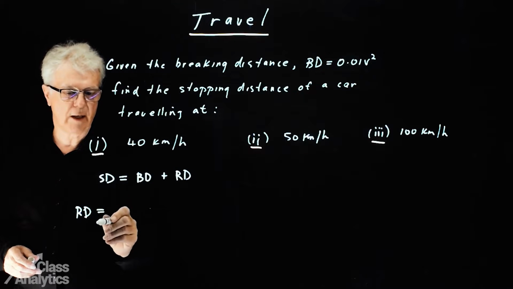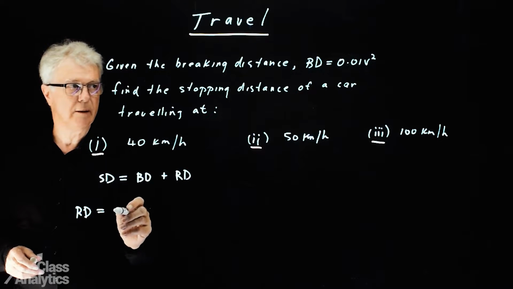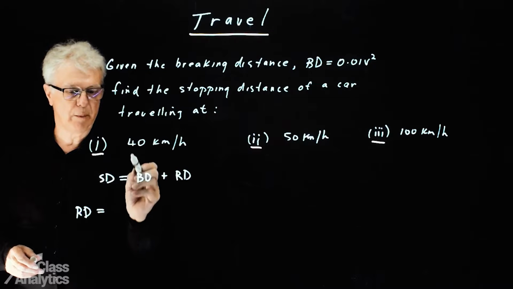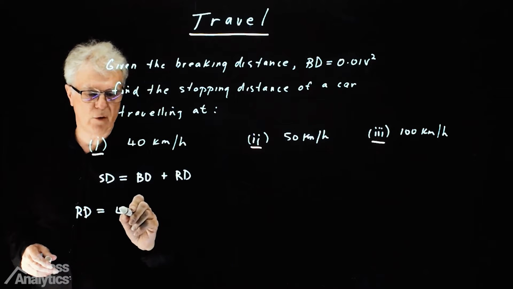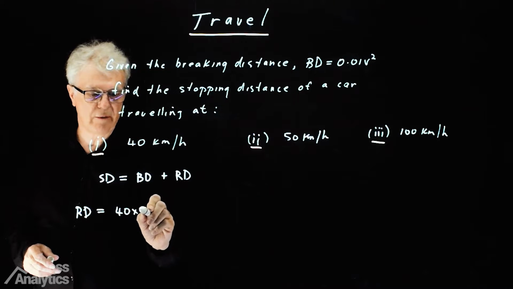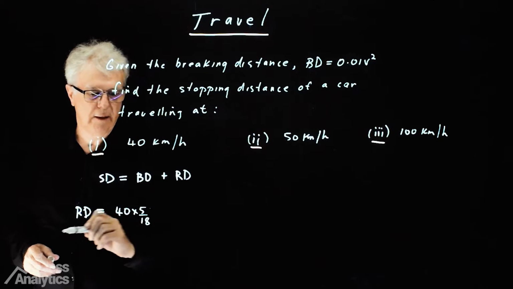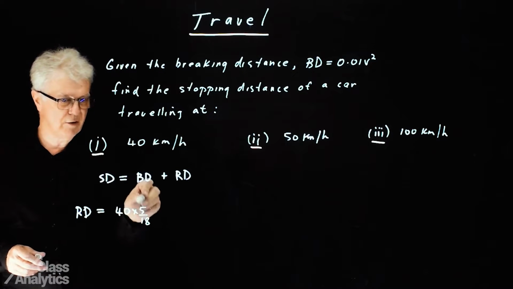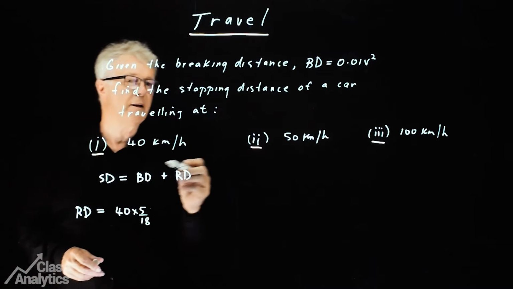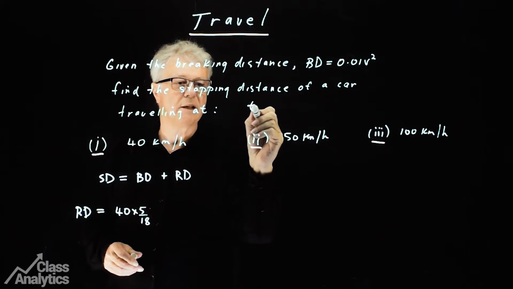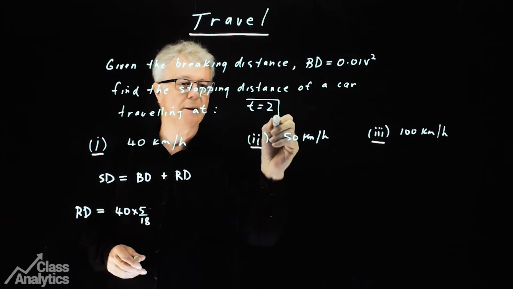We know that was just going to be the speed multiplied by the time. Now, but we need to put this speed in metres per second. Remember what we did before? We had 40 times 5/18. That's changing it into metres per second. And I forgot to put that in. The time was equal to 2 seconds, was the reaction time.